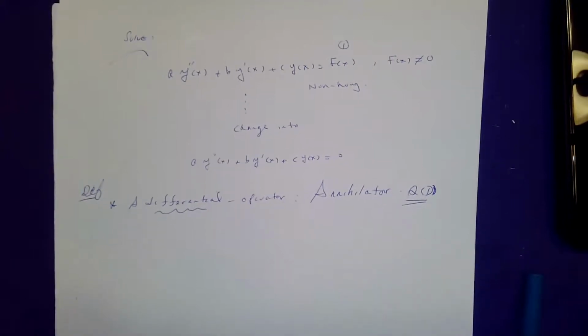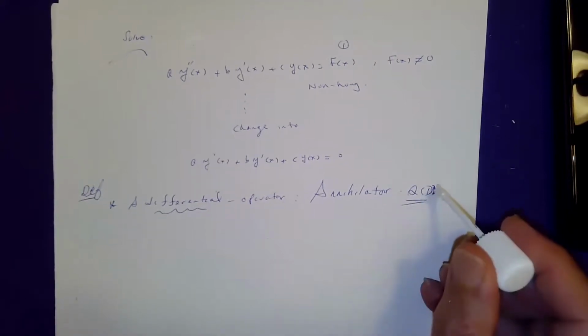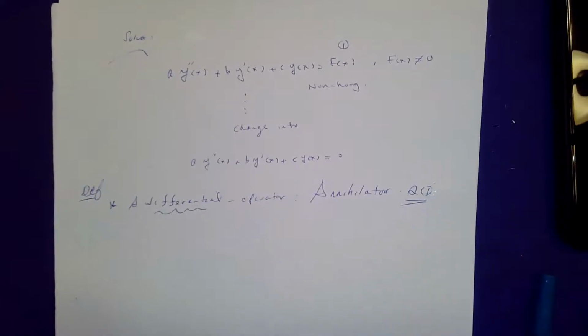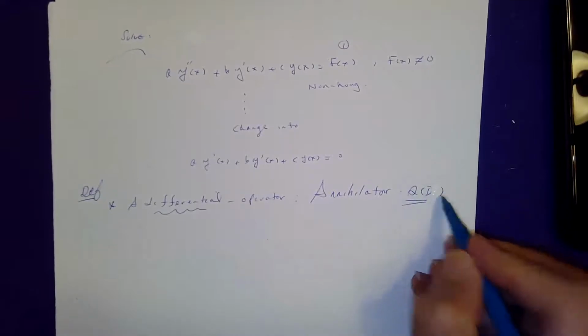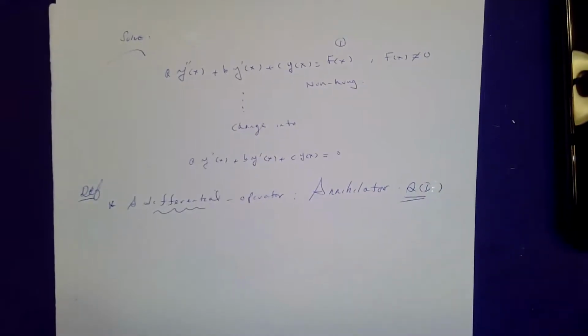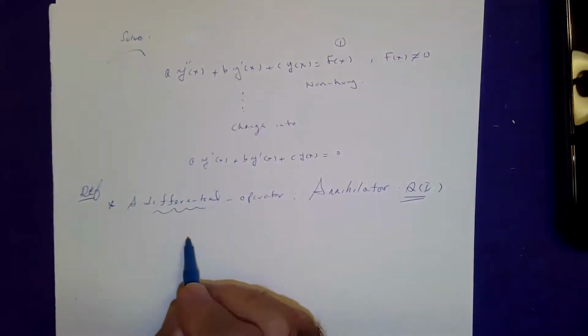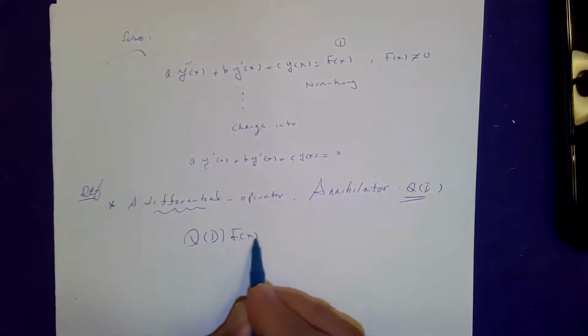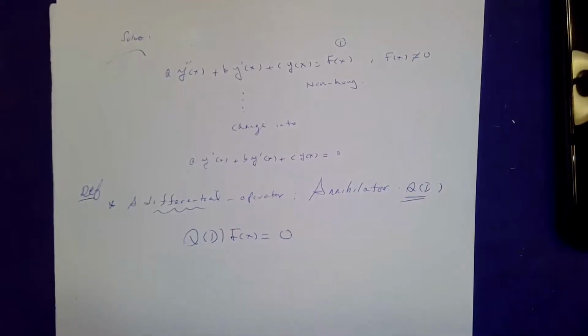Guess what that guy is going to annihilate? Annihilate means it's going to wipe out something. What do you think is going to wipe out? The function. In other words, I'm looking for a differential operator which, when I apply it to f of x, I get 0.